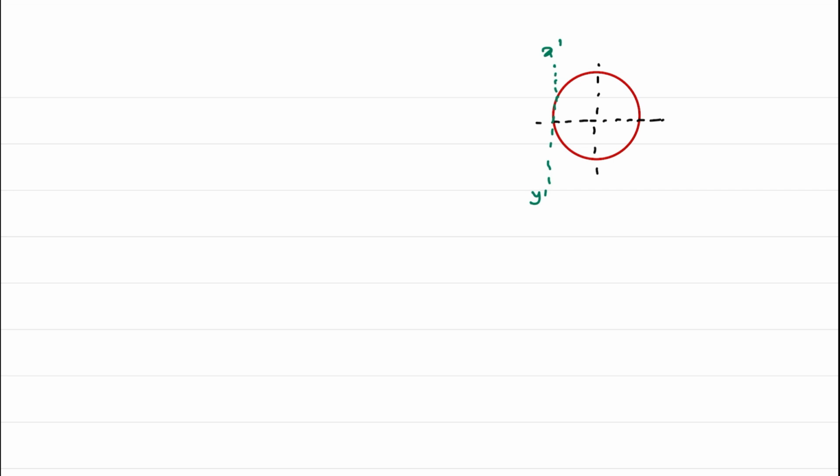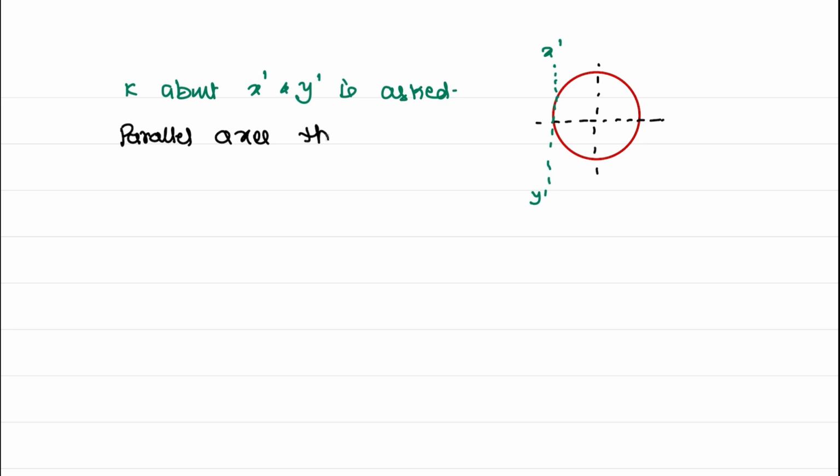About k, about x dash and y dash is asked. We have to use the parallel axis theorem to find out the answer.